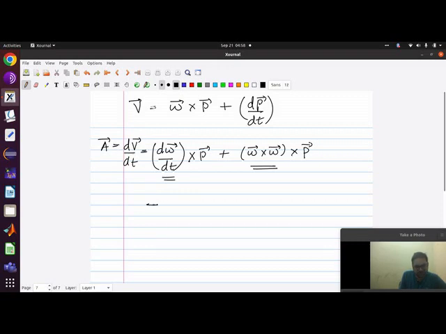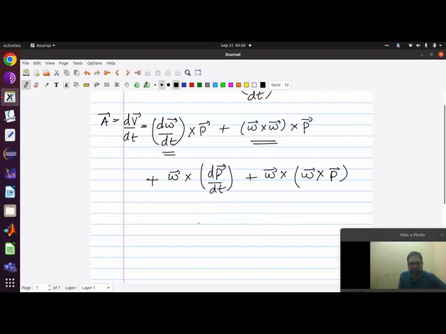Rate of change of magnitude, rate of change of direction. For the second one, omega cross dp by dt plus omega cross p.